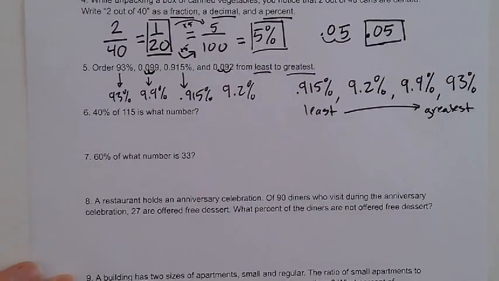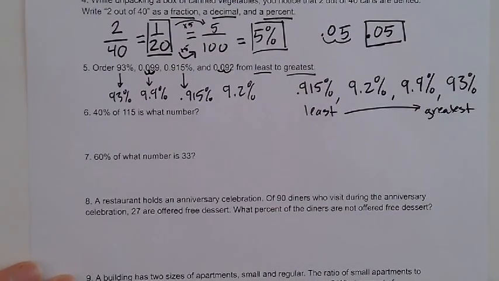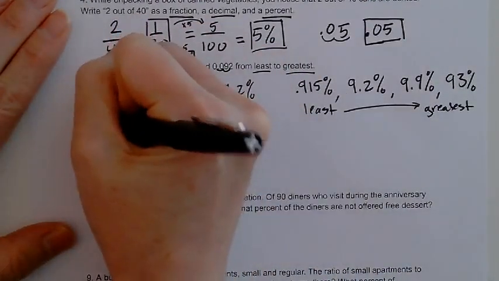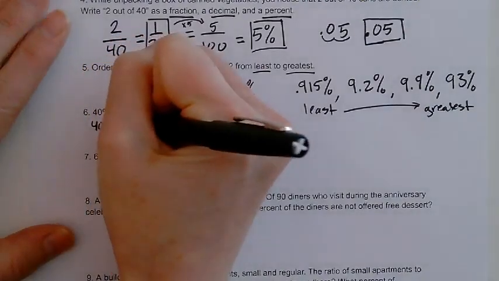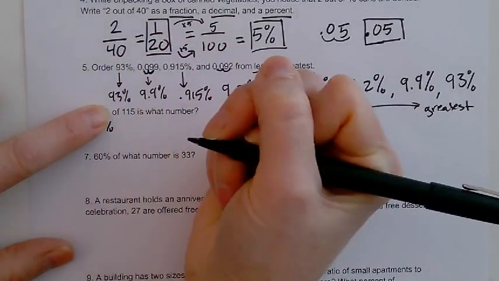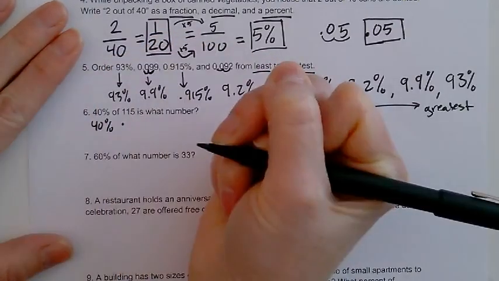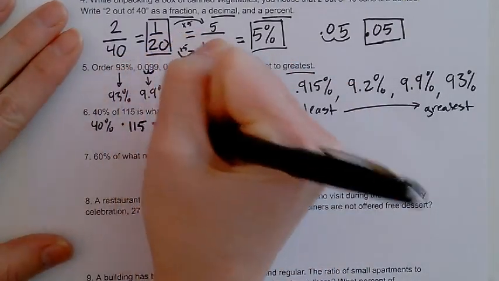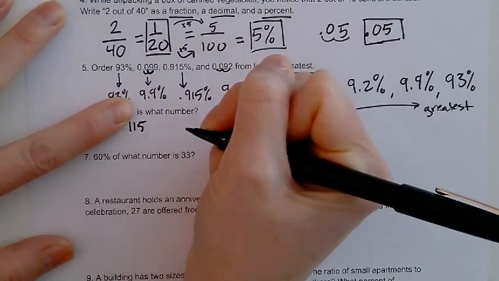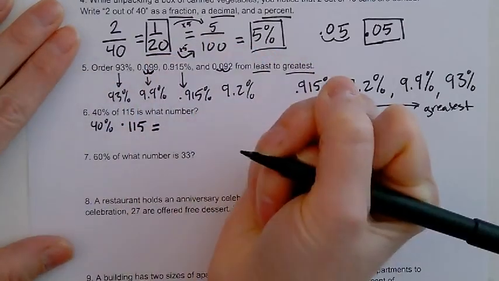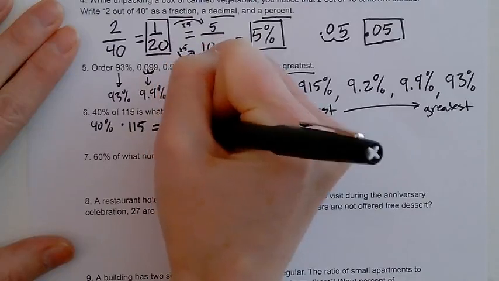Number 6, we are doing 40% of 115 is what number? So math-wise, it's telling me 40% of, everybody, of means, yay, multiply, of 115 is means that it is what number?